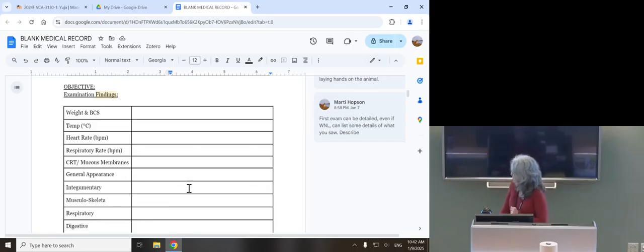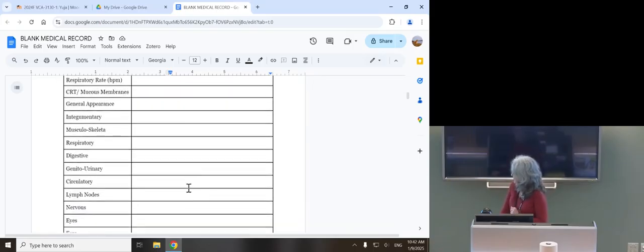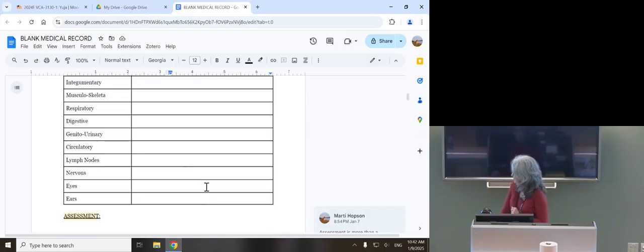So weight and body condition scores all there, great. Any questions about these? So again, if the animal is nervous, maybe you just put no abnormalities noted, full neuro exam not done. That's fine.